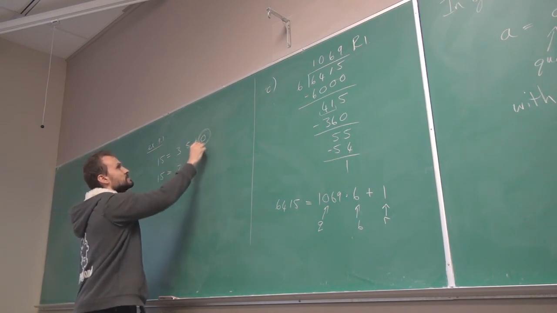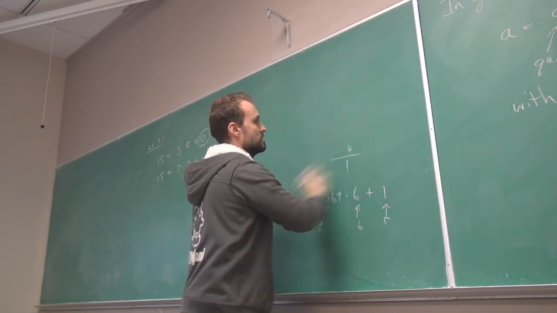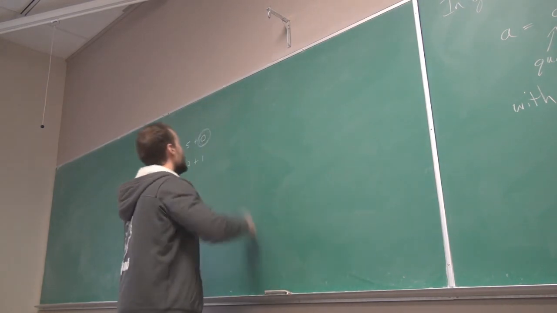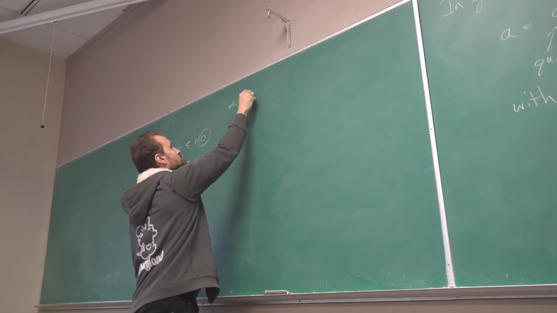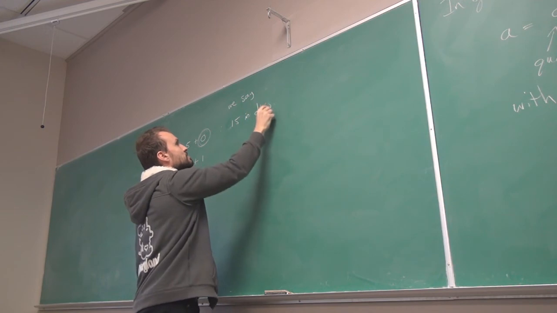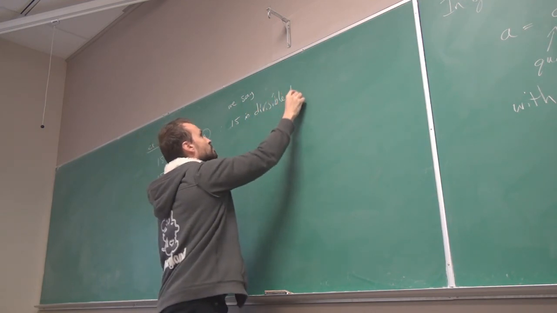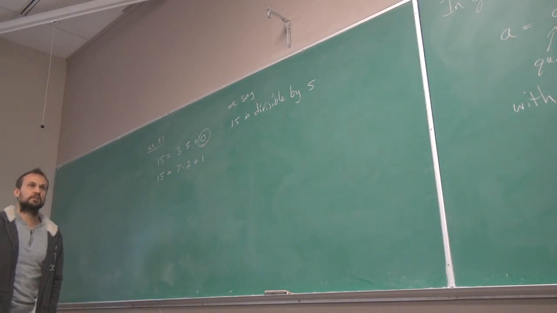When the remainder is 0, we say 15 is divisible by 5 when the remainder is 0.